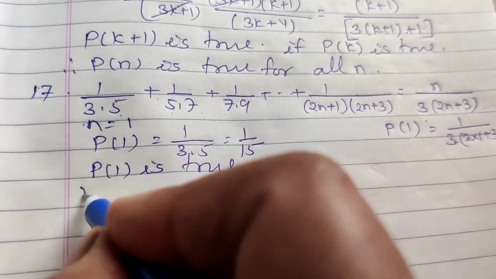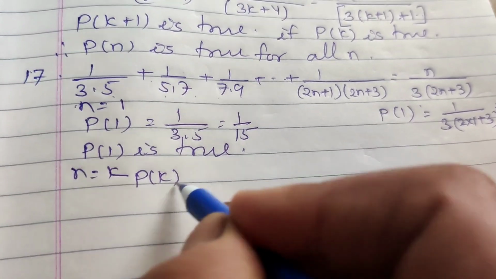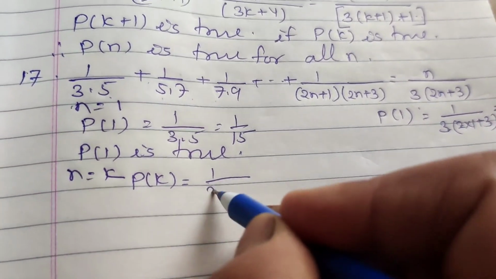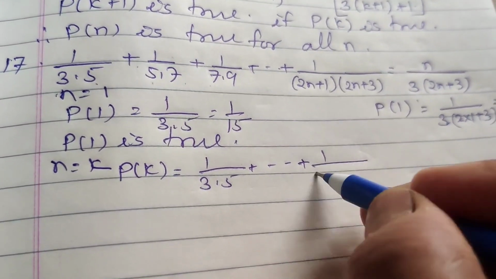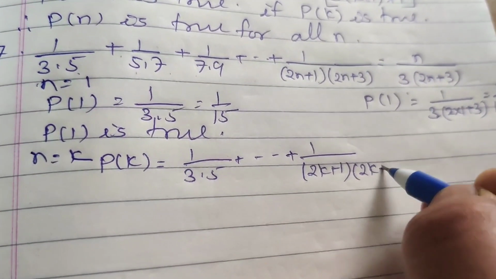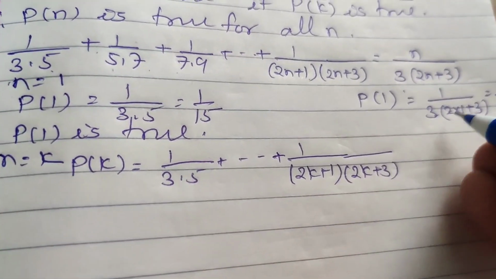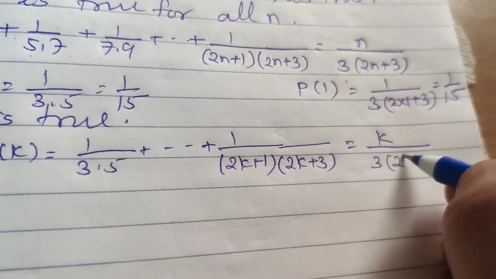Now n equal to k. Pk equals the same series up to 2k plus 1 and 2k plus 3. It is equal to k upon 3(2k plus 3).